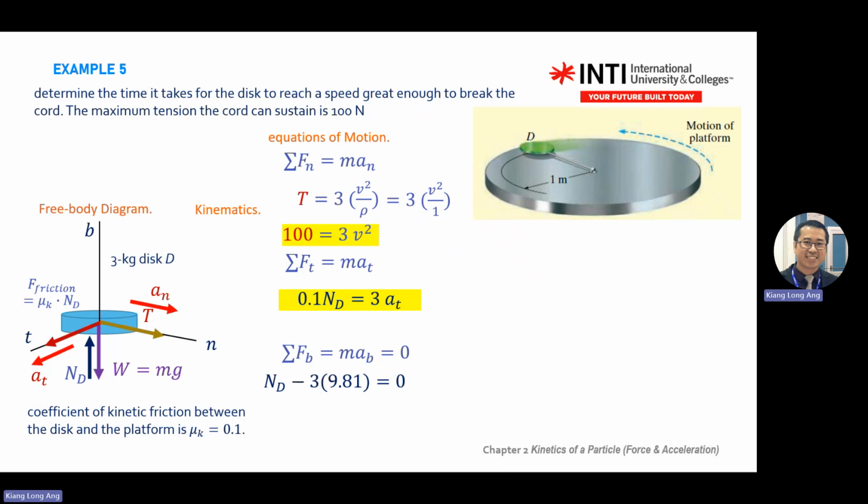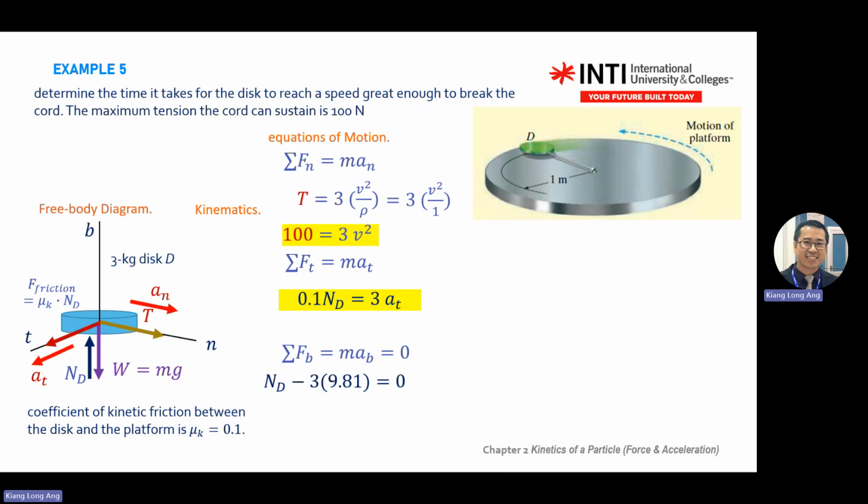You know mg, you know the mass, you know the gravitational acceleration, equals 0. This is untold information. You look at the object, it doesn't float, so it becomes 0. For chapter 2, you need to observe how the object moves, and then see if it stays at that particular axis. For example, in this case B, it does not float, so all the forces will be in equilibrium, equal to 0.